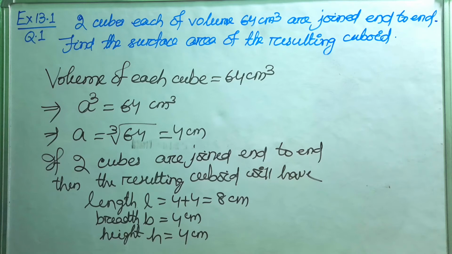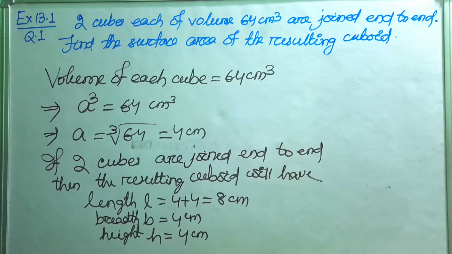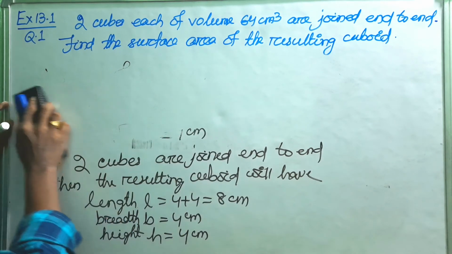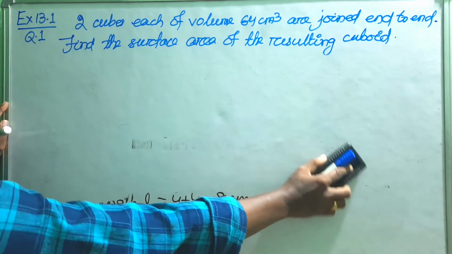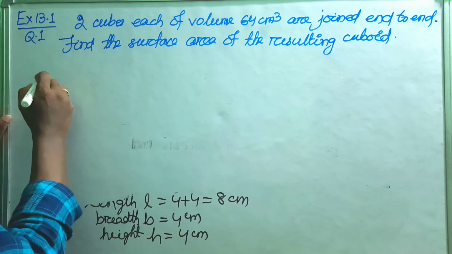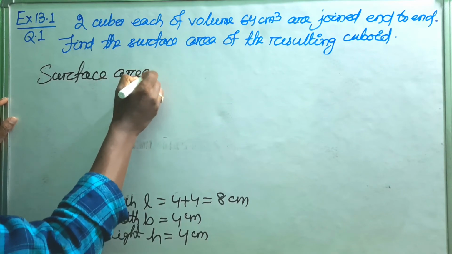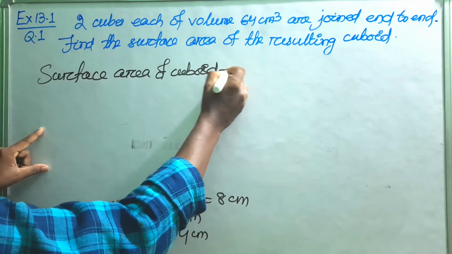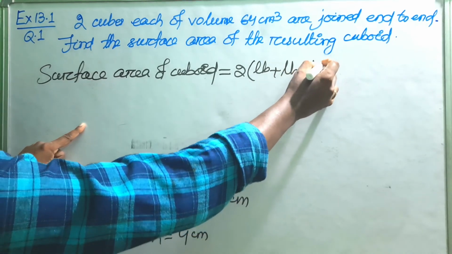Now we will apply the formula of surface area. What is the formula? 2 into (LB plus LH plus BH). We will write it here. Surface area of cuboid is equal to 2 into (LB plus LH plus BH).